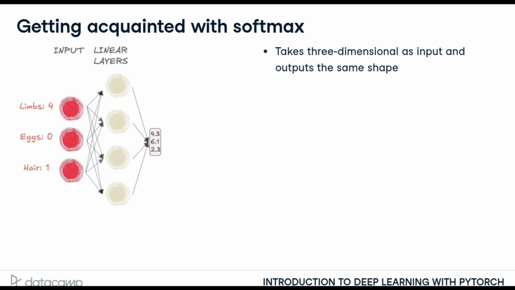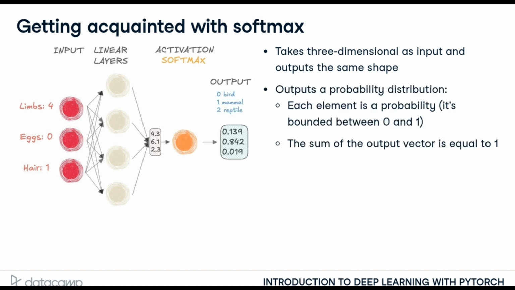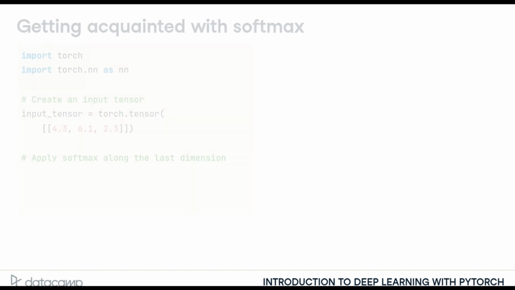In this network, Softmax takes a 3-dimensional pre-activation output and generates an output of the same shape, 1 by 3. The output is a probability distribution because each element is between 0 and 1, and the values sum to 1. Here, the prediction is for the second class, mammals, which has the highest probability of 0.842.